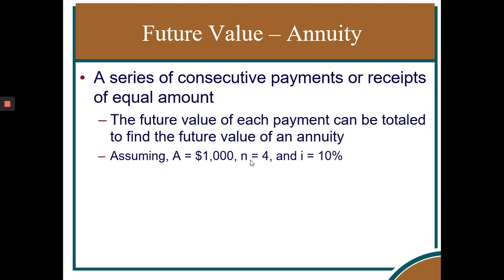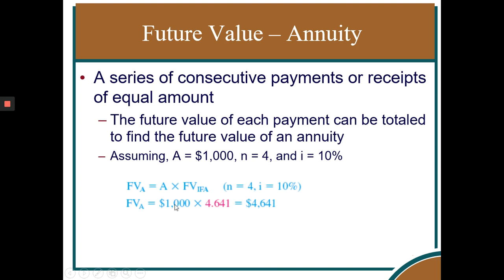Each year you are investing 1,000 at i equals 10%. So let's find out how much is the future value annuity. You're still calculating how much it is worth in the future, but since the amount is repeated, we call that annuity. So instead of writing FV, you put FVA.